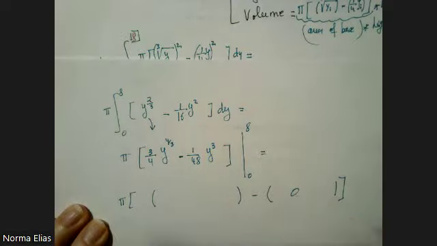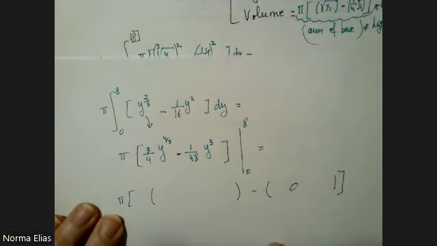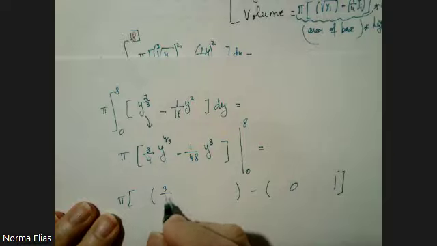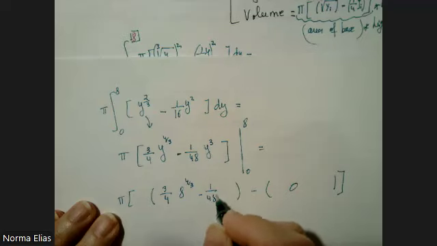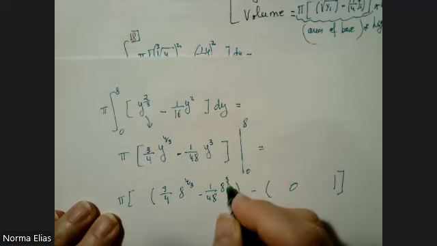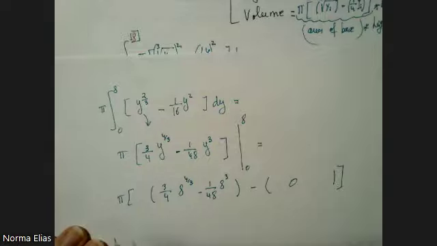The lower in this case happened to be 0. The upper is 3/4 times 8 to the power 4/3 minus 1 over 48 times 8 to the power 3. And the rest, you guys evaluate. I'm not going to evaluate. Questions? Okay, so it's the same thing, but y is the variable.